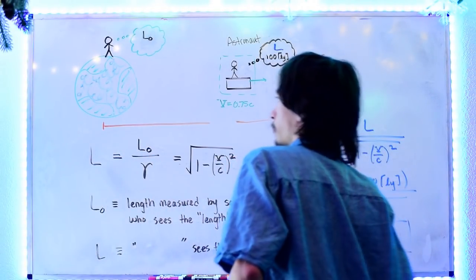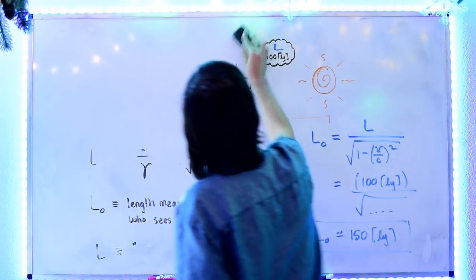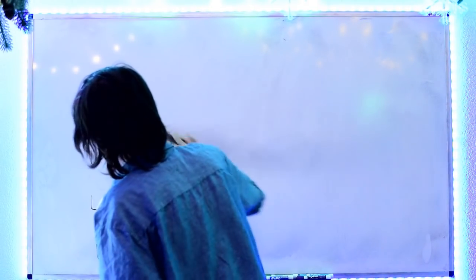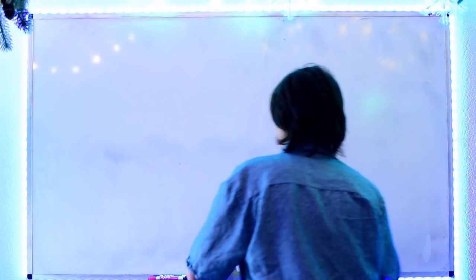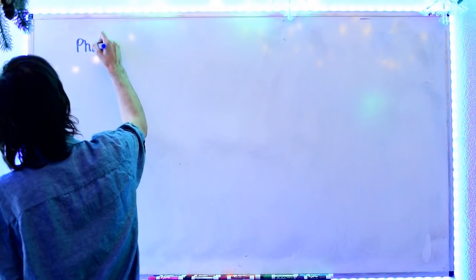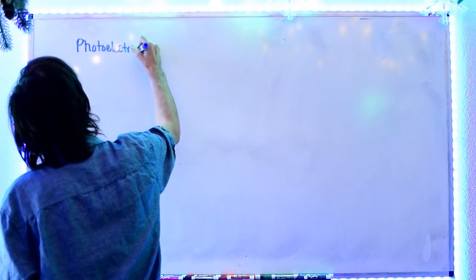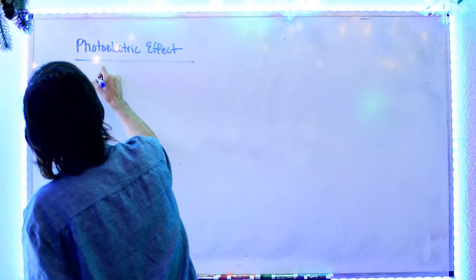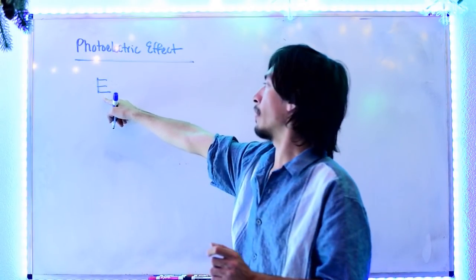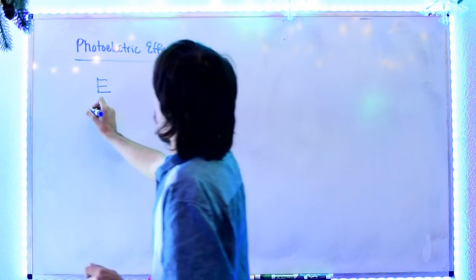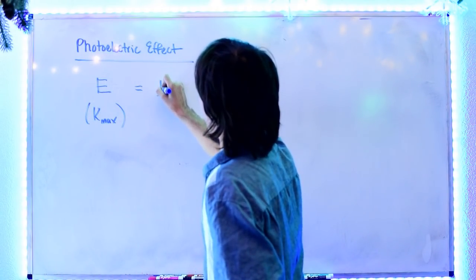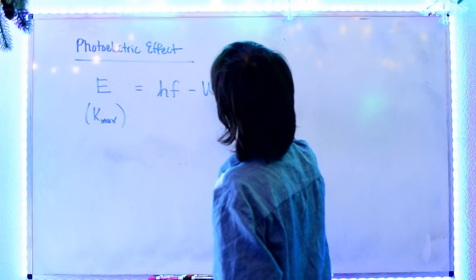On the photoelectric effect, you have that the energy associated with the electrons, also written as K maximum, equals hf minus W naught.